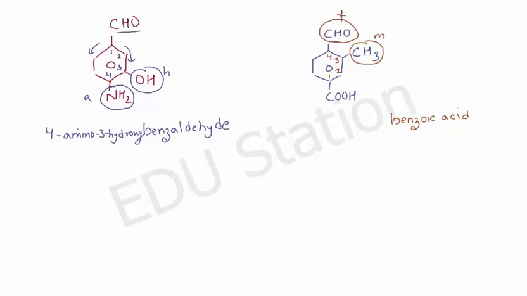It will be 4-formyl-3-methylbenzoic acid. So the difference is in aliphatic naming, you either name from left to right or right to left. In aromatic, it is clockwise or anti-clockwise.